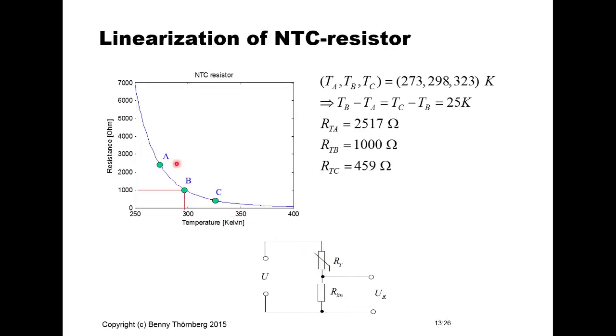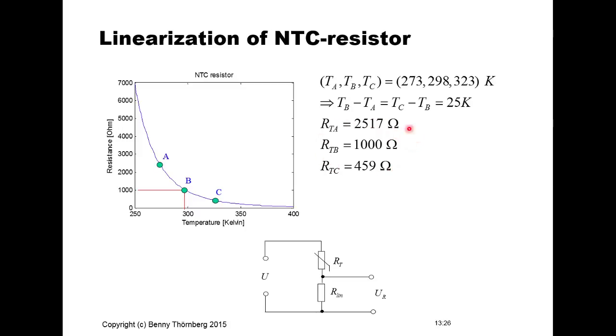You can see these 3 points A, B, C on the curve of this NTC resistor that we want to linearize. You have the temperatures 273, 298 and 323 Kelvin, and you have the corresponding resistance values here in this table.